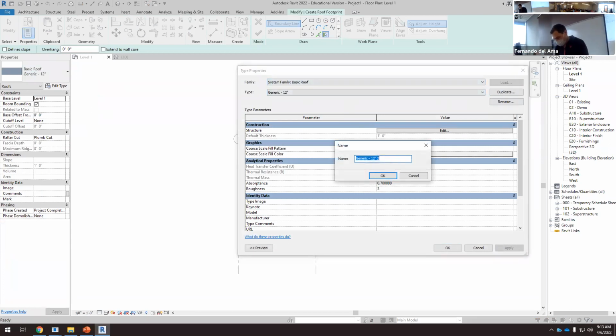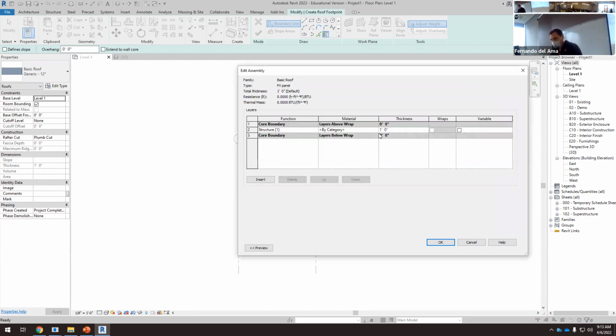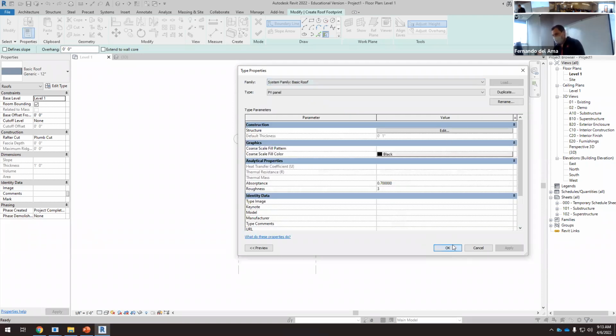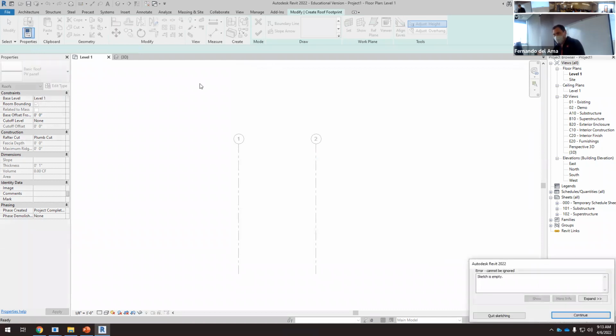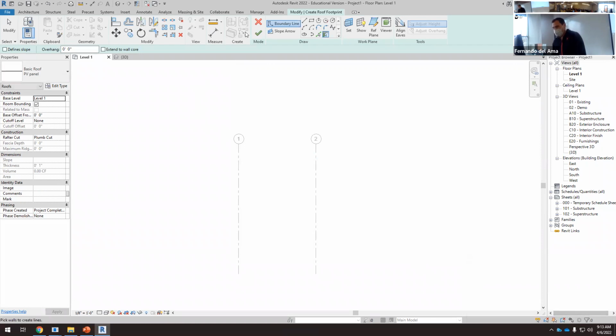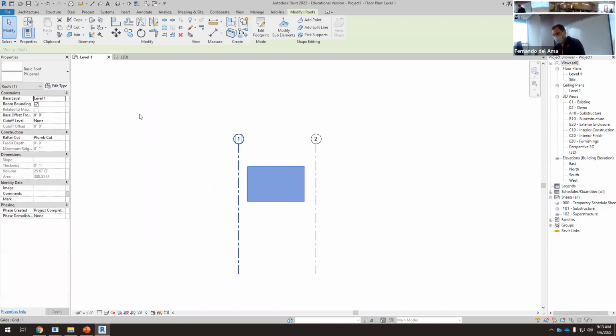I'm going to name this roof PV panel. And I want something very thin, 1 inch. I'm not talking about material. I just want a roof that is something very thin. Continue. Probably you will have to draw something. Click OK, and now we have this roof. And now you can delete it.